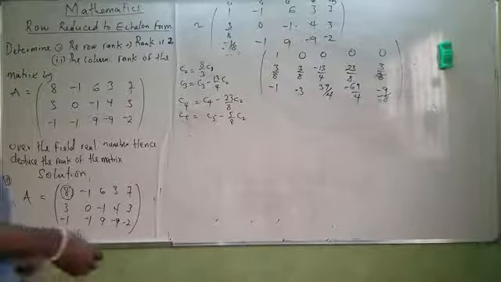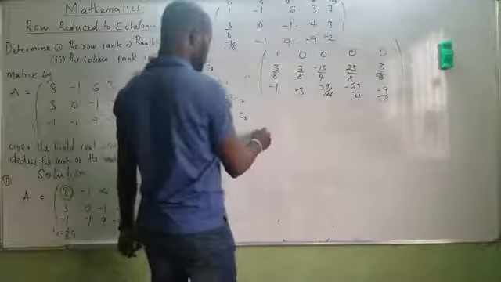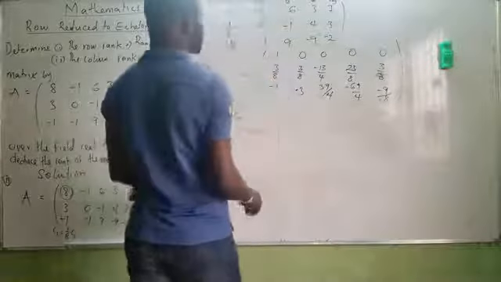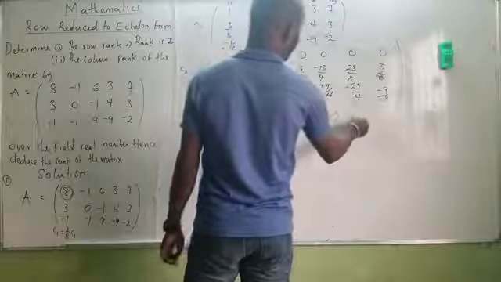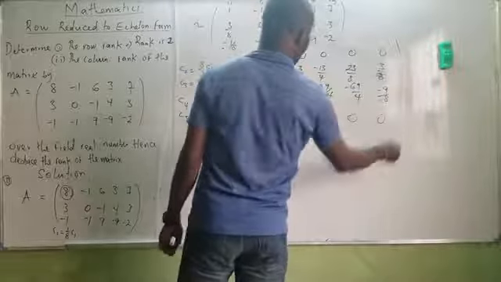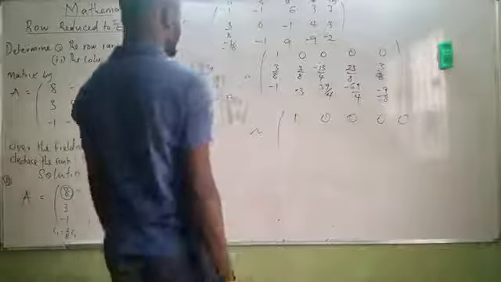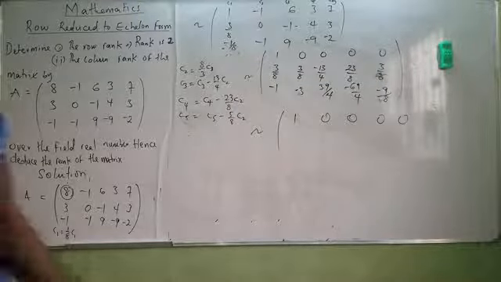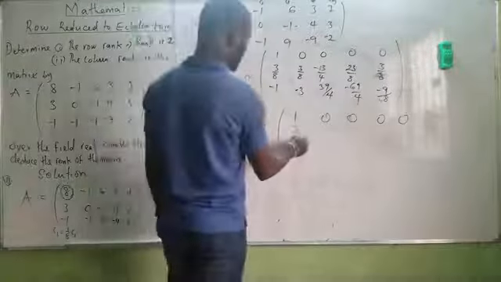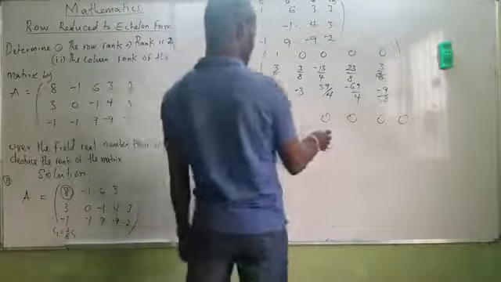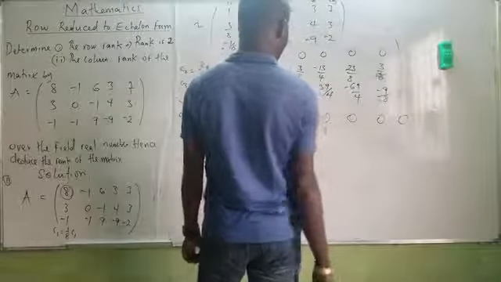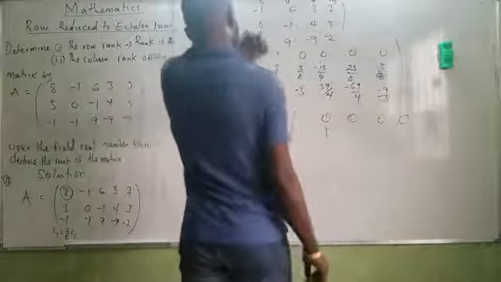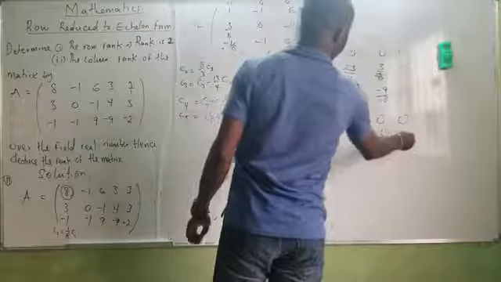Now, since I have that, I can reduce it to 1, 0, 0, 0, 0. I have no problem with that. Here will be 3 all over 8. Here will be 1, because that will be 1. Here will be 0, 0, 0.